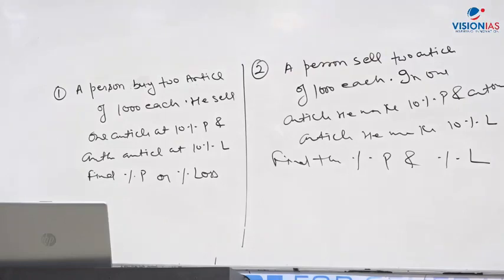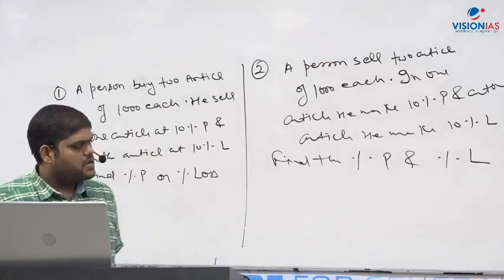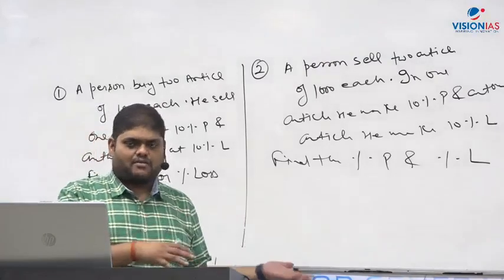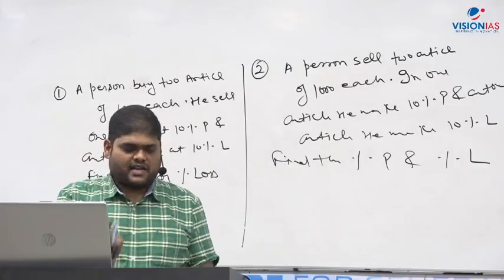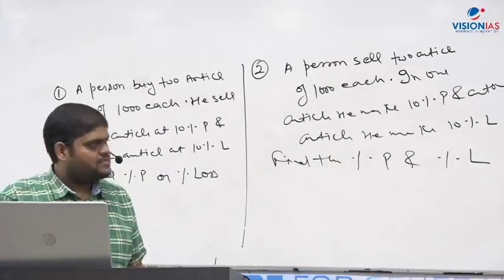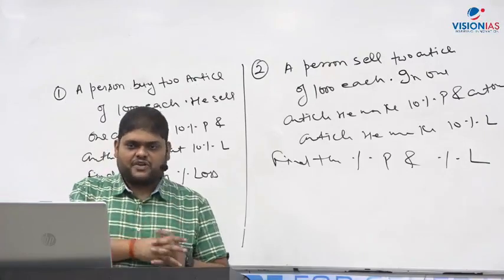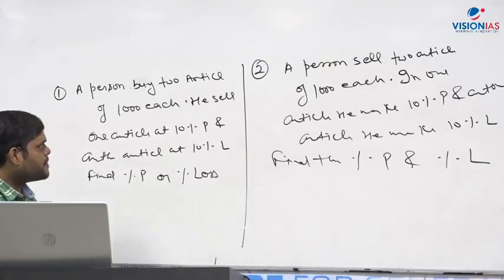First question: he sells 1 article at 10% profit, another article at 10% loss. Find the percent of profit and percent of loss. The language can be better. I'm accepting, I'm not an English teacher, so there can be some errors in the language. Just understand the feeling of the question. Okay?